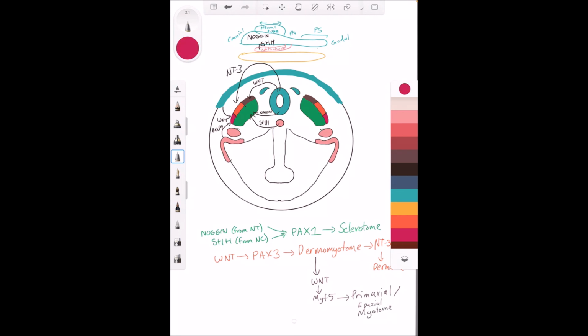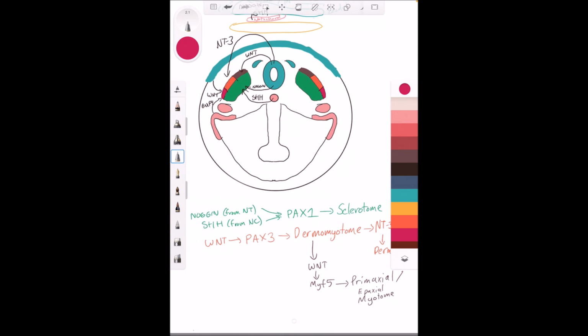And alternatively, we could also have the other Wnt protein. These are different, remember, but like maybe one of them is one asterisk, one of them is 2 asterisks, but we don't really need to know which one's which.